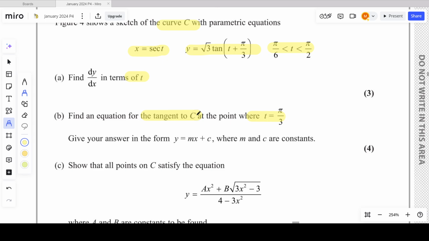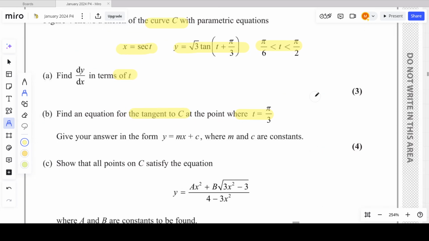So if we substitute t equals pi over 3 into the derivative of the curve, we will get the gradient of that tangent at that point. Let's figure it out.